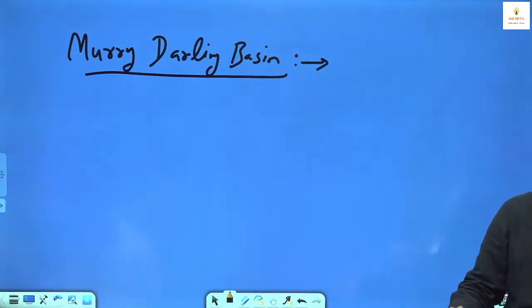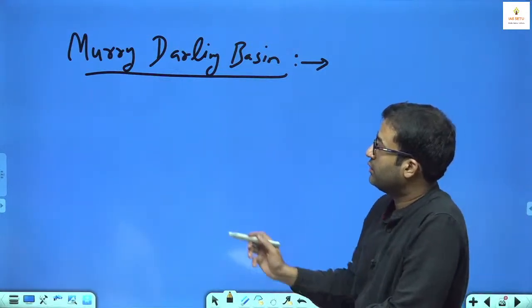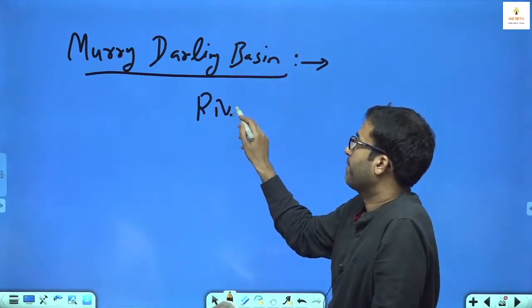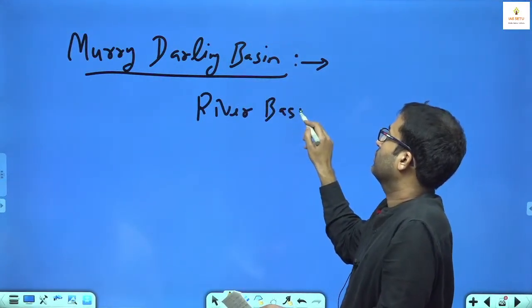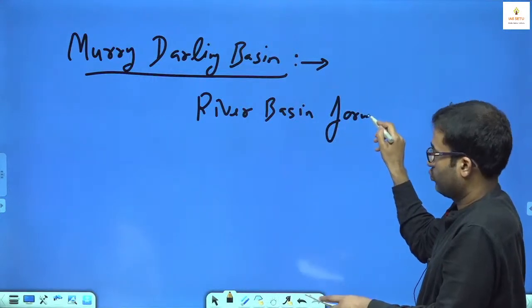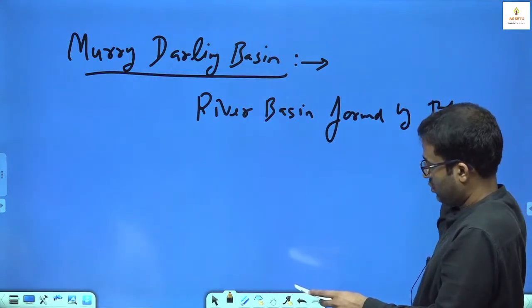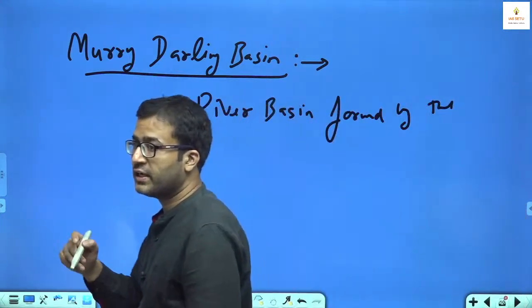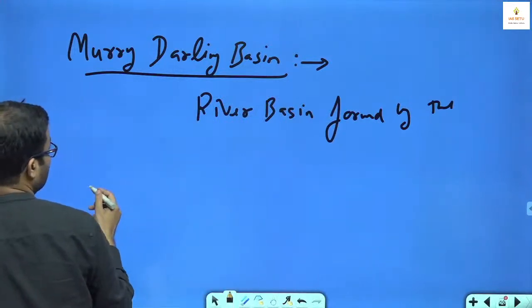For this you can note down: the river basin formed by the rivers, Australia's largest river system.